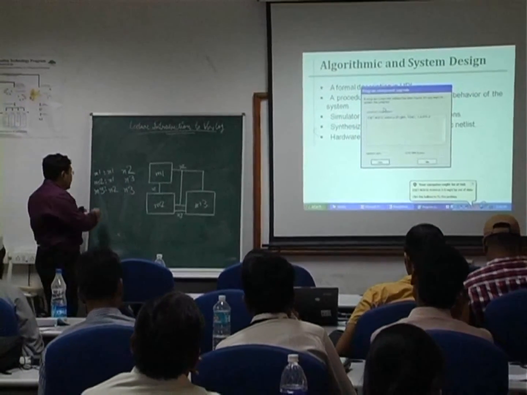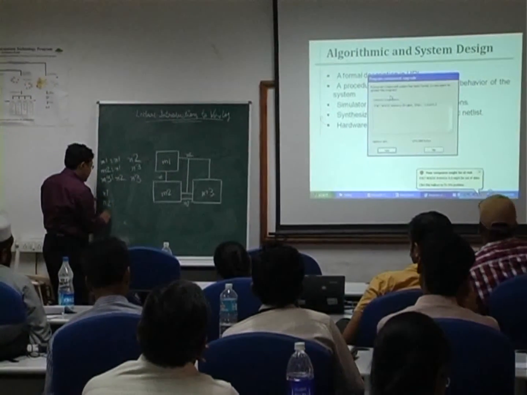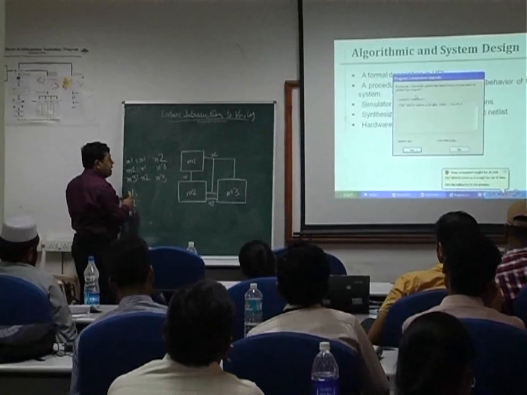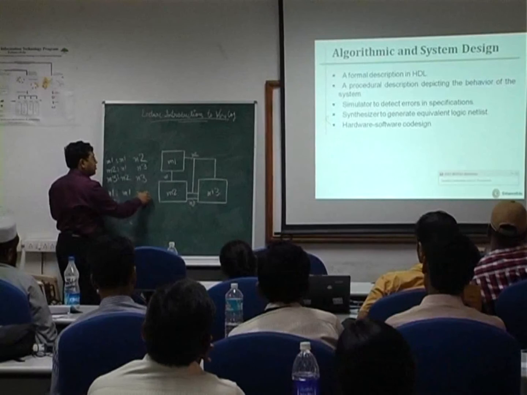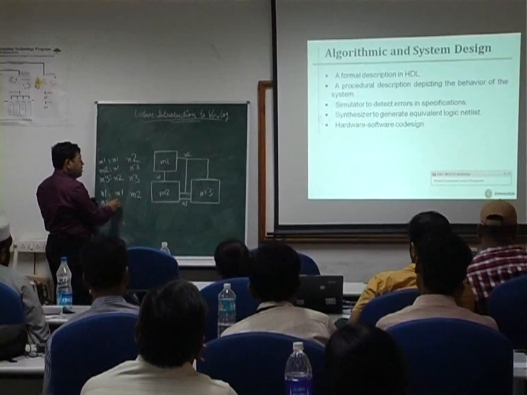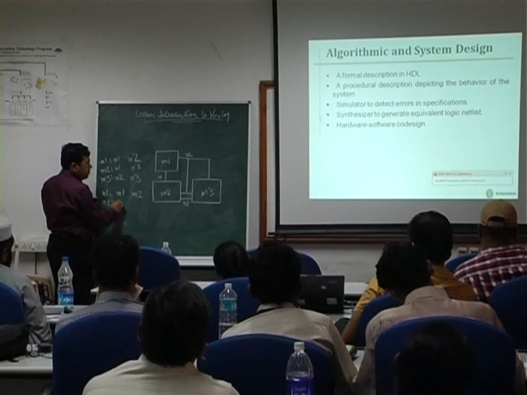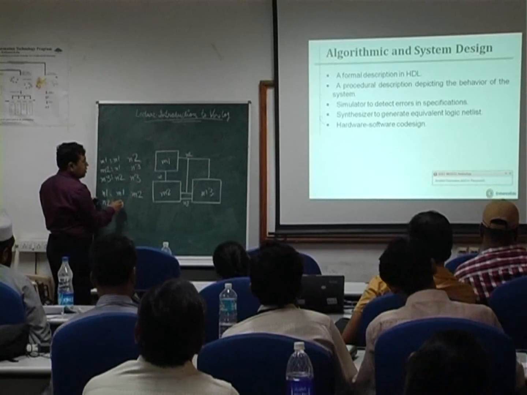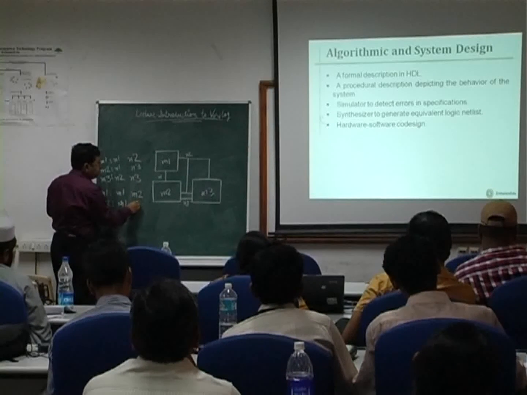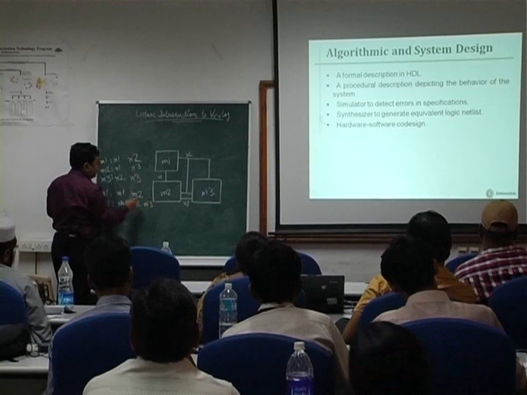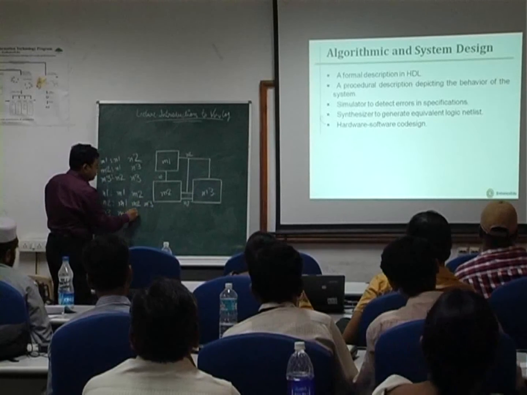The other way can be, I can write it as a list of three nets. So N1 is connected to modules M1, M2. This N2 is connected to M1, M2, M3 and N3 is connected to M2 and M3.